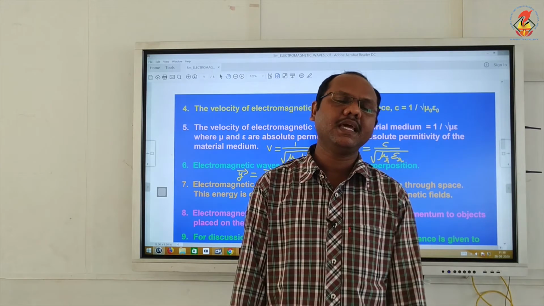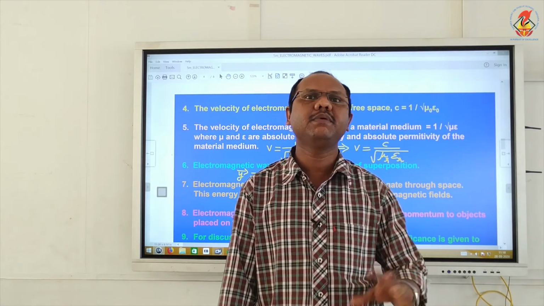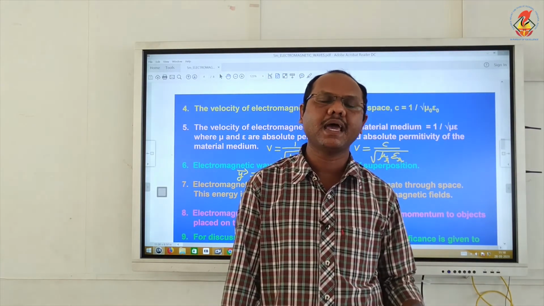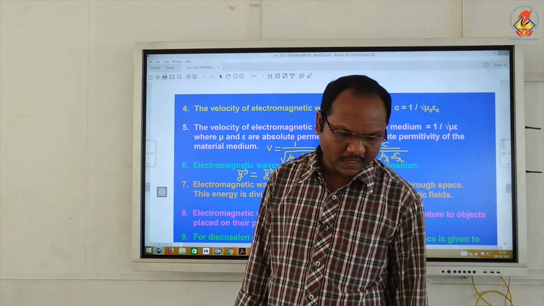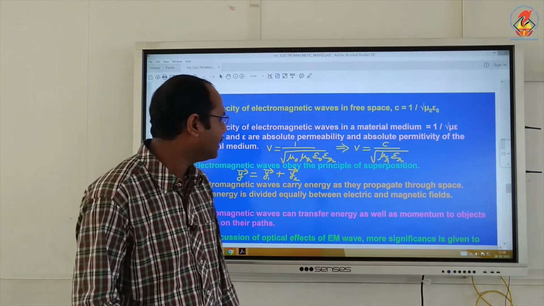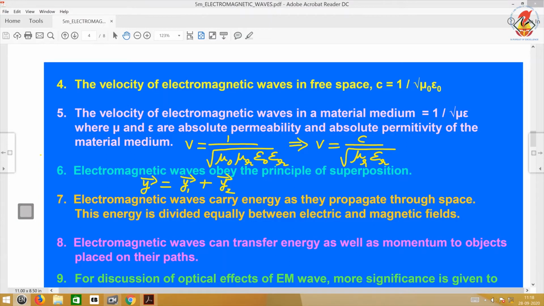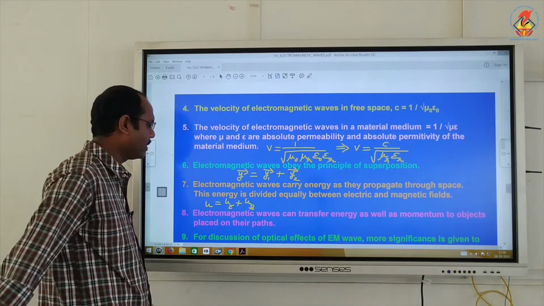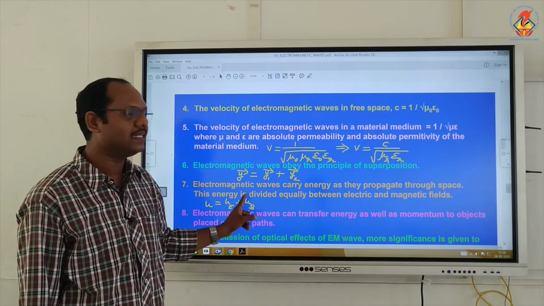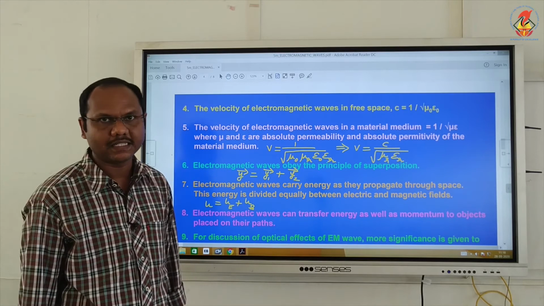So, the total energy will be shared between the electric field and magnetic field. So, the energy density, I write it as small letter u, is equal to electric energy density plus magnetic energy density.